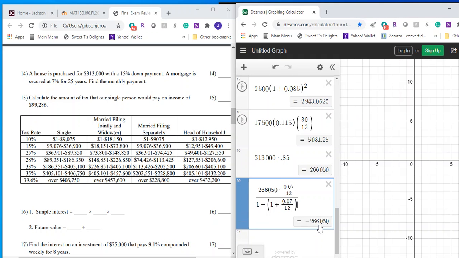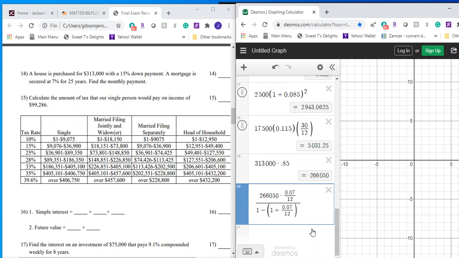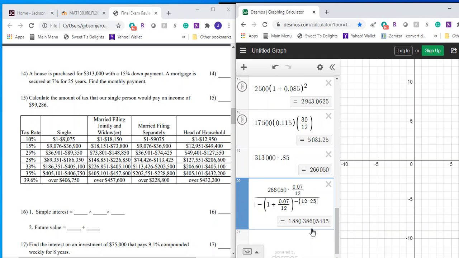Then we could close our parenthesis. Now we want to take this to the negative 300 power, but what we could do is this: we could put negative and we could put in parentheses what we had, the 12 times 25. And that would still give us what we need here. So our monthly payment would be $1,880.39.